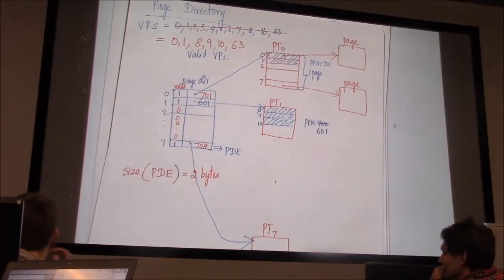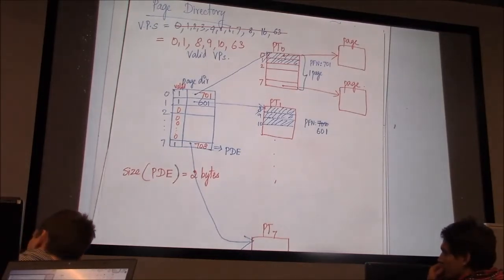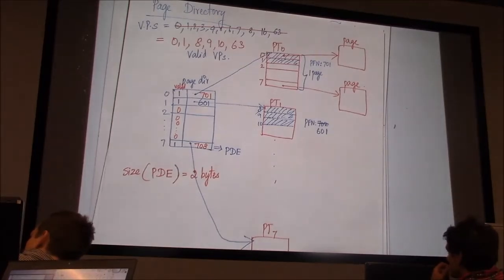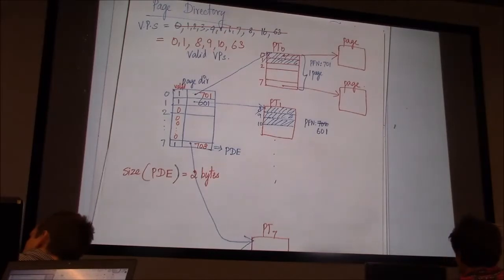And so it is enough that this particular page directory will always be in the memory. This page directory will always be in the main memory, because it is going to be accessed so frequently, it will always be there.